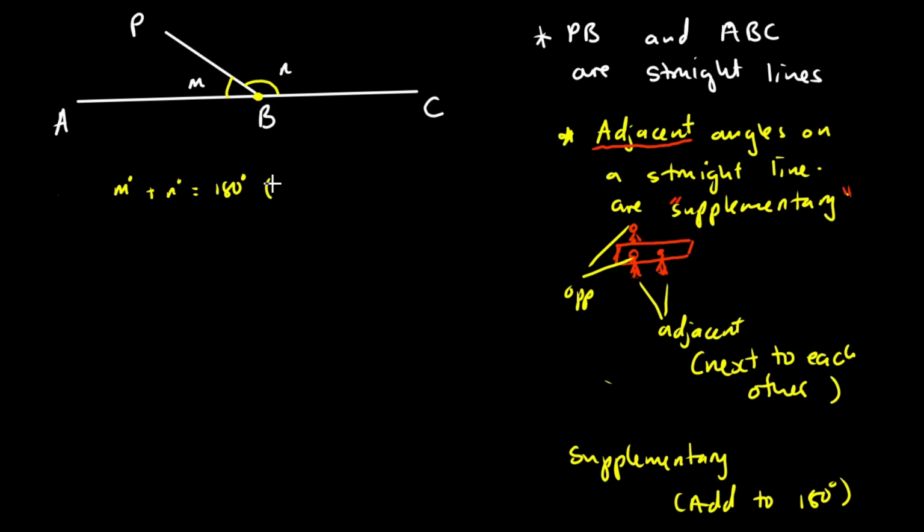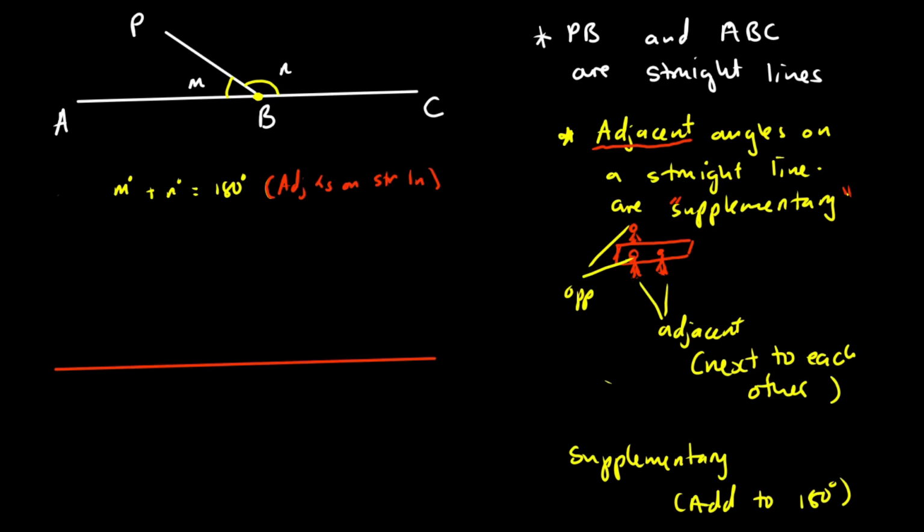Please always don't forget to write the reason, because without the reason, we are not doing anything. You check again, are they adjacent? Yes, they are really adjacent. So these are adjacent angles on a straight line. We tend to shorten all this way, adjacent angles on straight line.